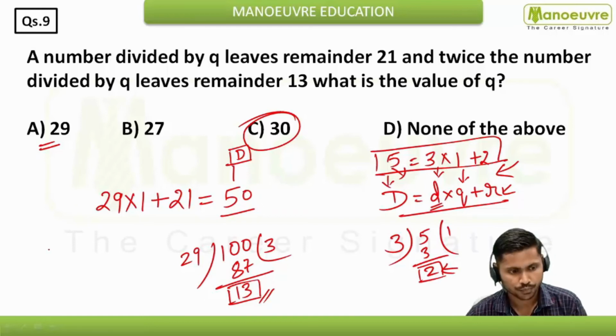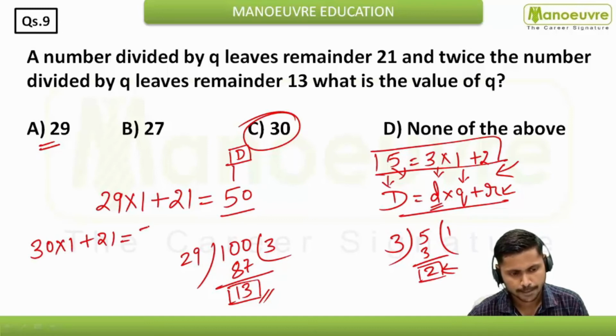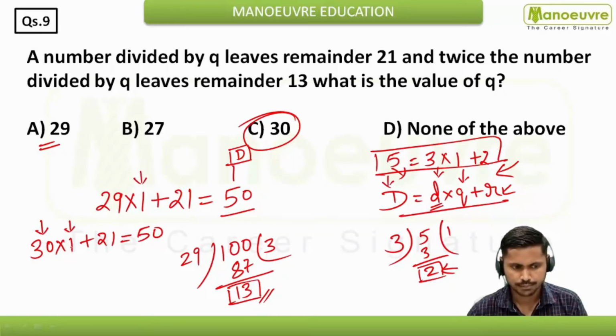See how. I have taken the value 30 and quotient 1, the same as I assumed here, right? So 30 times 1 plus 21, if you do, you will not get 50, you will get 51, right?